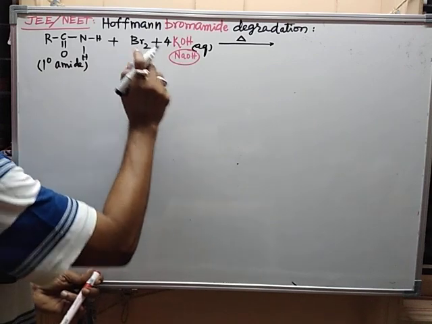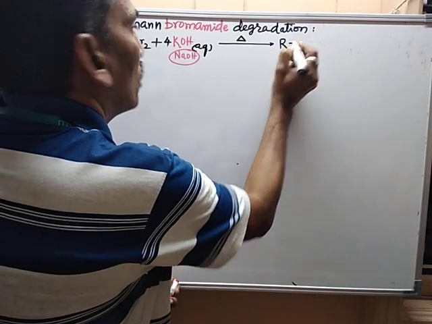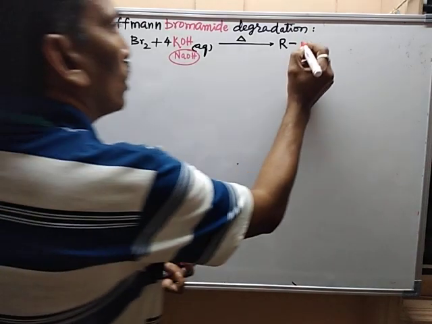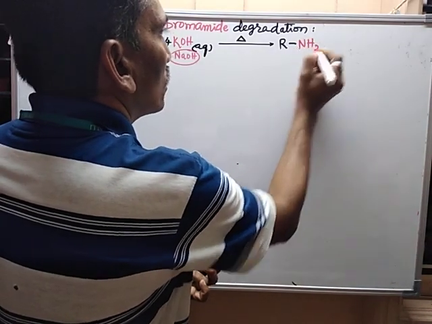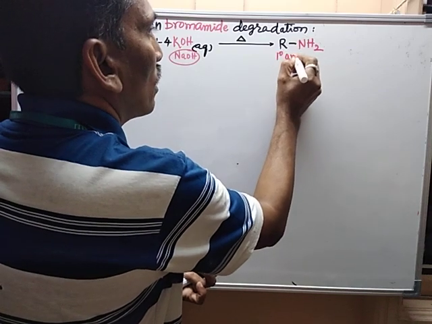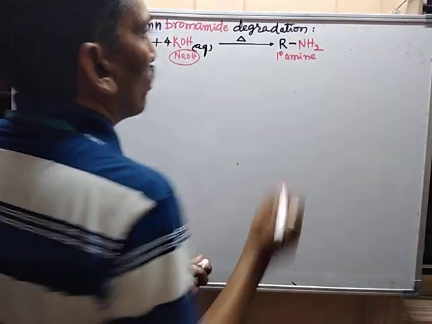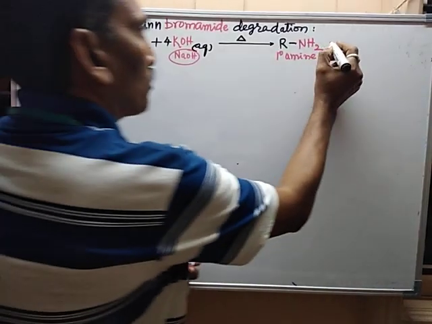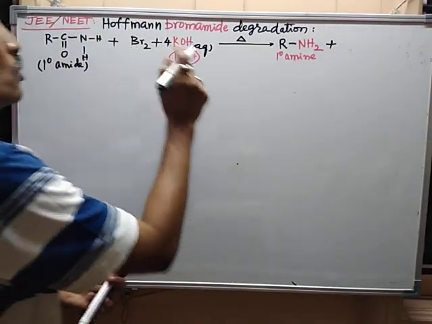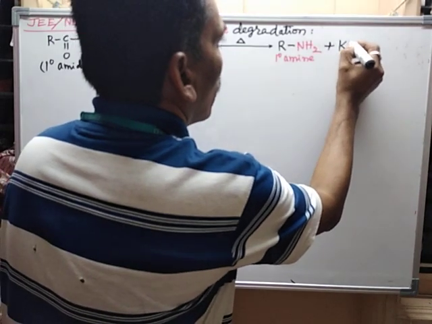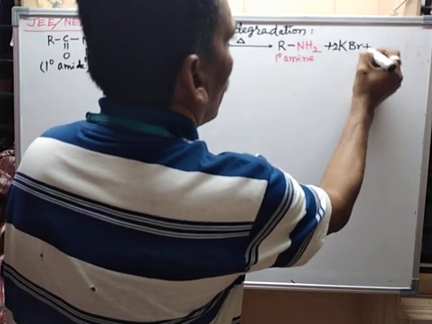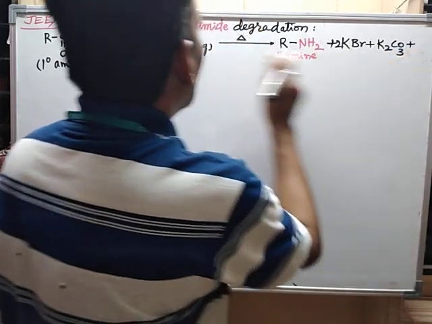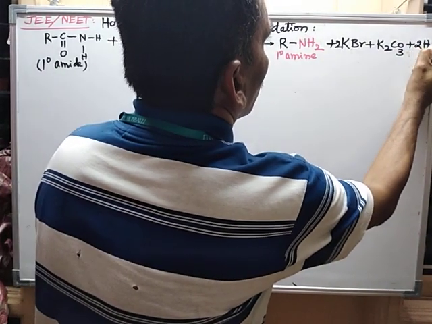Then you will get R, this CO group is expelled, and an NH2 group results. It is a primary amine, maybe aliphatic or aromatic, no problem at all. Other products are KBr, and the CO becomes K2CO3, then water molecules.